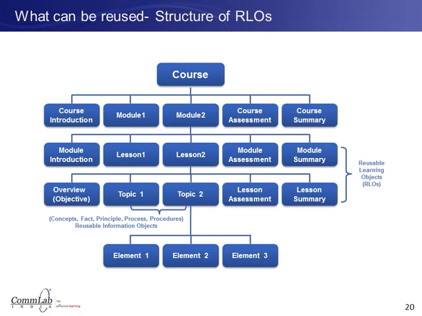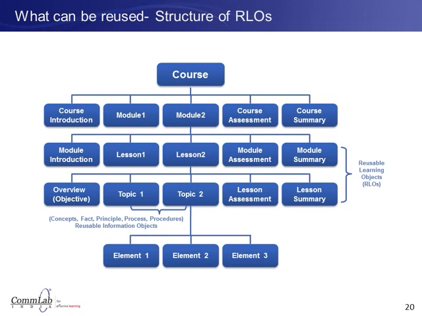And at the next level, or a deeper level of hierarchy, a module will have lessons and module assessments, summary and introduction, and likewise a lesson will have topics along with the overview, assessments, and the summary.